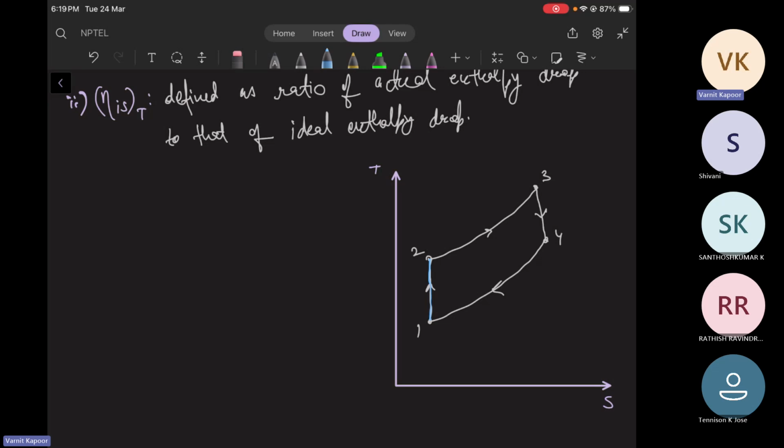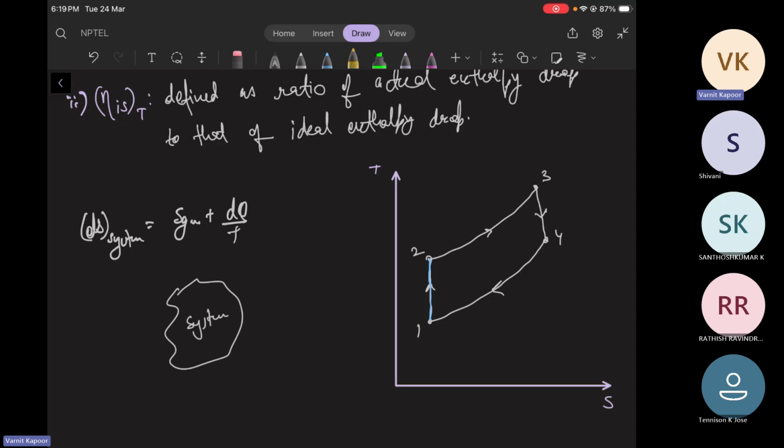So for internal entropy generation, let me write: dS of a system is nothing but S generation plus the net heat interaction from the surroundings. Let me give you the basics of this thermo entropy part.